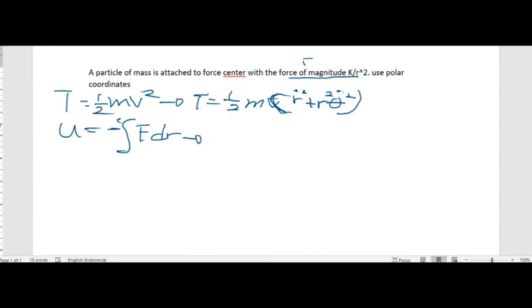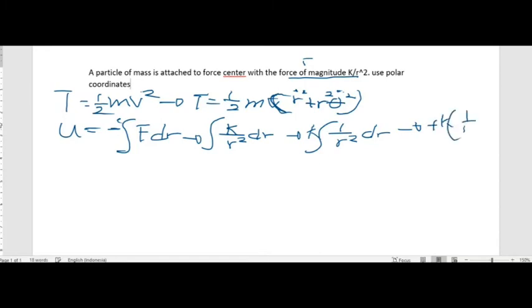So F is equal to k over r squared, dr. And k is a constant, so we need to bring out k, so 1 over r squared dr. Now, if we integrate this, it will become k over r. So the potential energy is k over r.